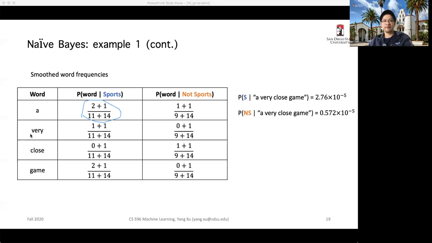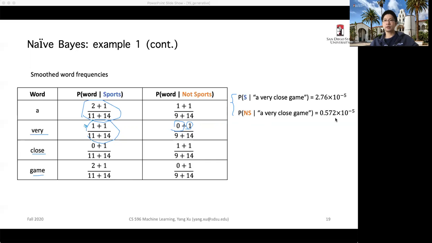For example, the second word "very" has appeared once in sports, so the probability will be like this, but it has appeared 0 times in non-sports. We haven't observed it before, so we give a plus-1 smoothing so that the probability is not 0. If there's a 0 in the series of products, it will be trouble. After we have estimated the word frequencies with these probabilities, we're able to estimate the posterior probabilities like this.